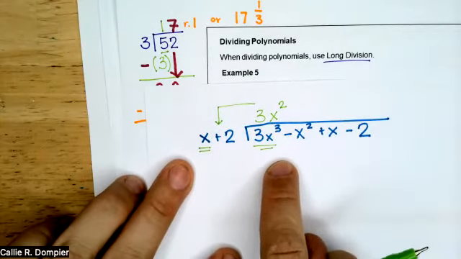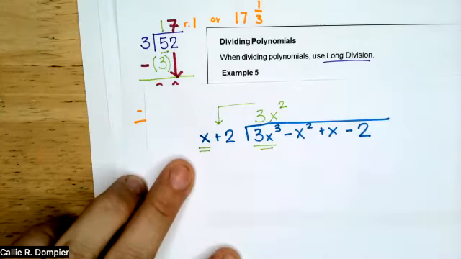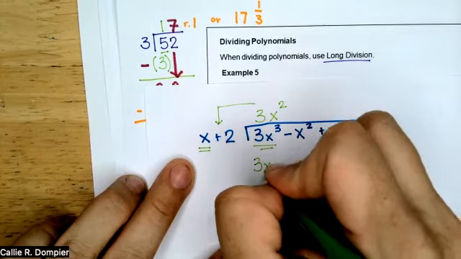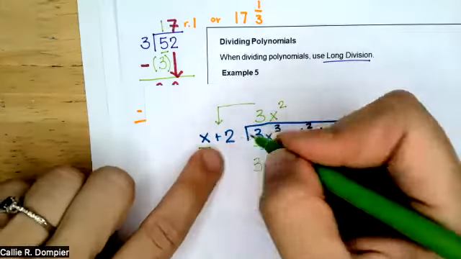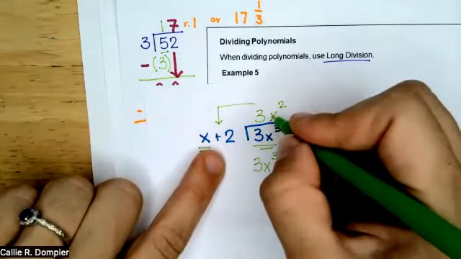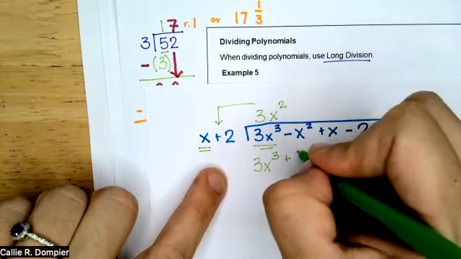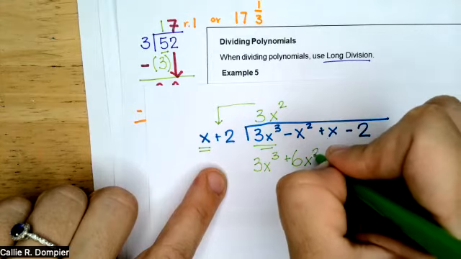I know this is very difficult. So 3x squared times x gives me 3x to the third, and then I have to do it times that positive 2 as well. So 3x squared times 2 is a positive 6x squared.